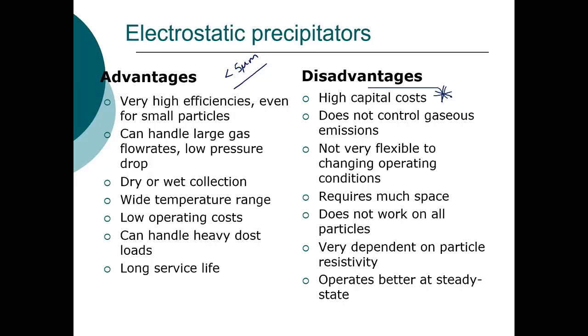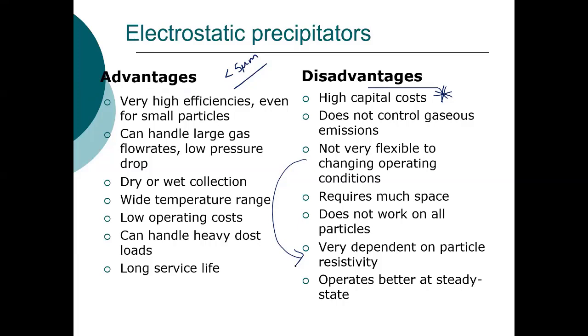A number of power plants had put in electrostatic precipitators. Those electrostatic precipitators were working quite well until they made the switch in the coal. They made the switch in the coal, and all of a sudden the electrostatic precipitators were not working like they had previously. And these power plants were emitting much higher concentrations of SO2 than one would predict. Well, the problem was that the removal is very much dependent on the particle resistivity.